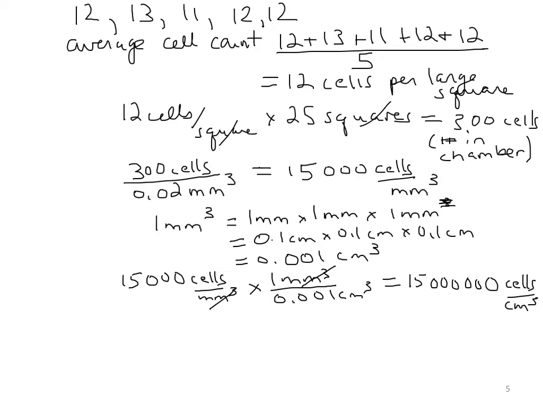And the nice thing about that is that I remember, because I'm familiar with the metric system, that 1 centimeter cubed, or cc as it gets called in health fields, equals 1 mL. It's a useful conversion factor.